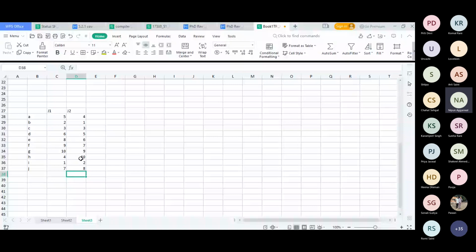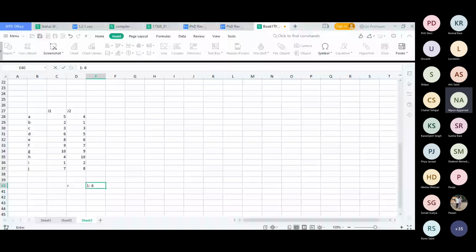So what the Spearman rank correlation says, there is a formula for this: R is equal to 1 minus 6 summation D square, divided by n into n square minus 1.